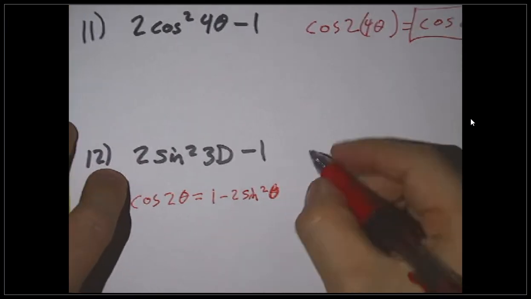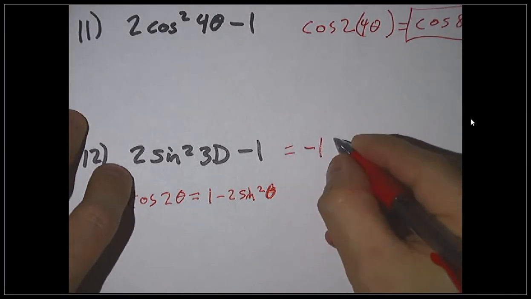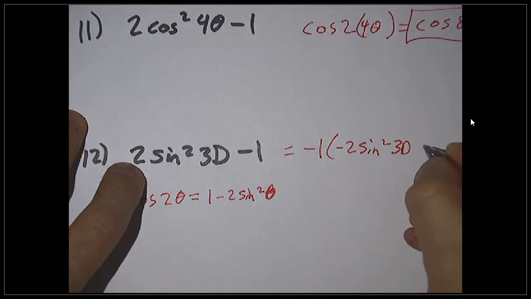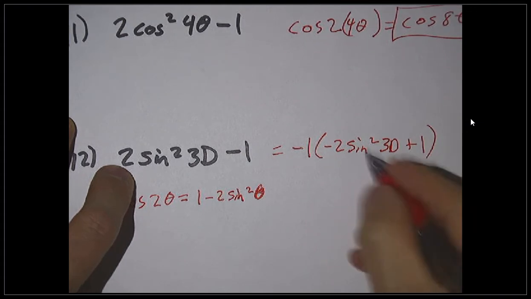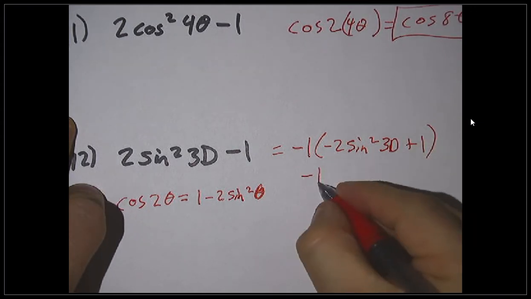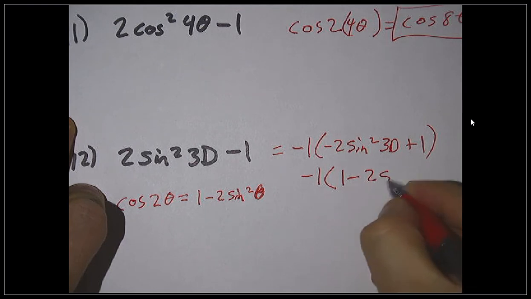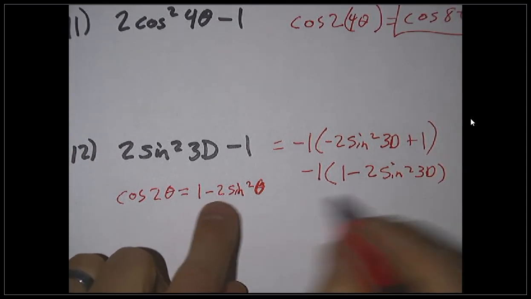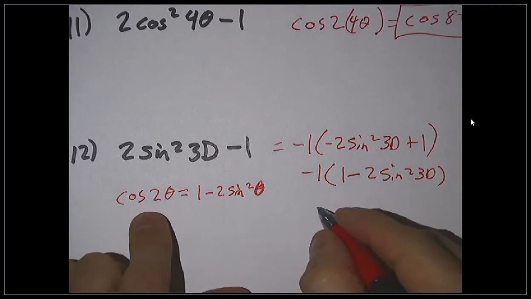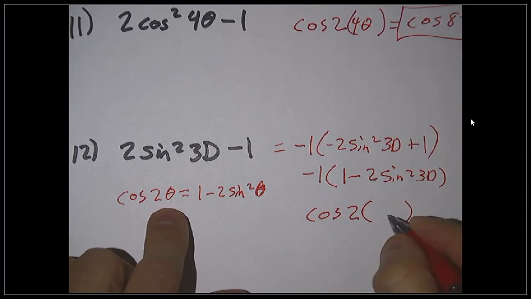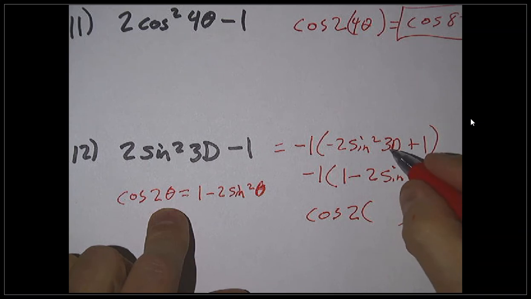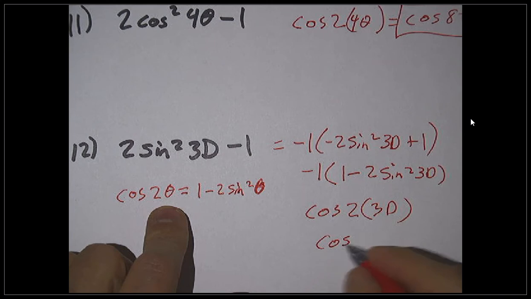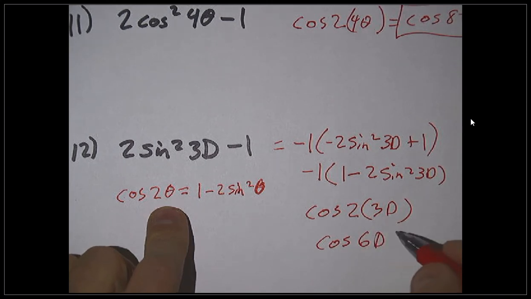I'm going to factor out a negative 1. That gives me negative 1 times negative 2 times sine squared 3d plus 1. I'm going to rearrange this then to be negative 1 times 1 minus 2 times sine squared 3d. Now these are the same. So that gives me cosine 2 times our angle, and our angle is 3d. 2 times 3 is 6, so I have cosine of 6d.